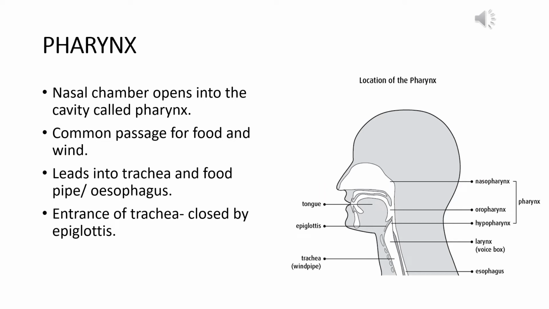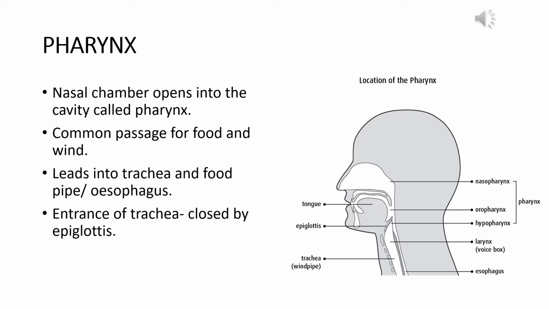The nasal chamber opens into a cavity known as the pharynx. The pharynx is the common opening passage of the oral cavity as well as the nasal cavity. It is just a chamber, but it is divided into three parts. The part where the nasal chamber opens is called the nasopharynx.